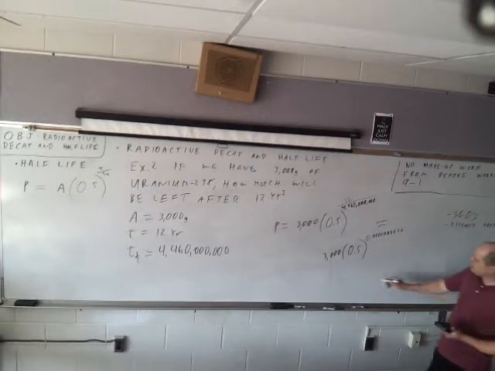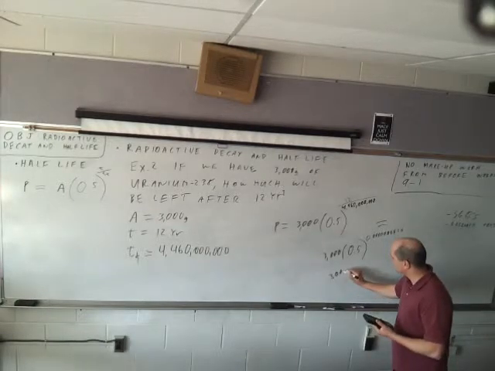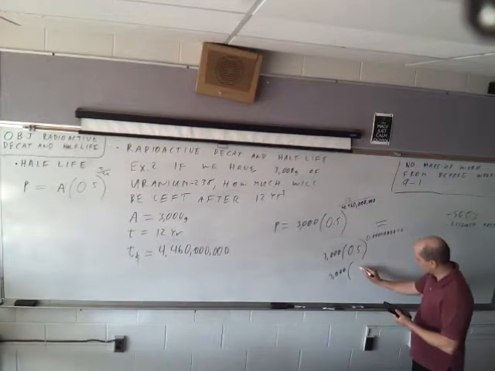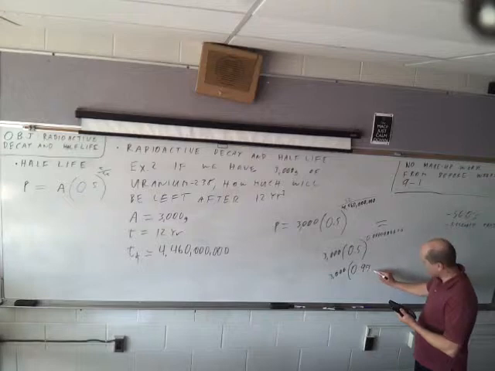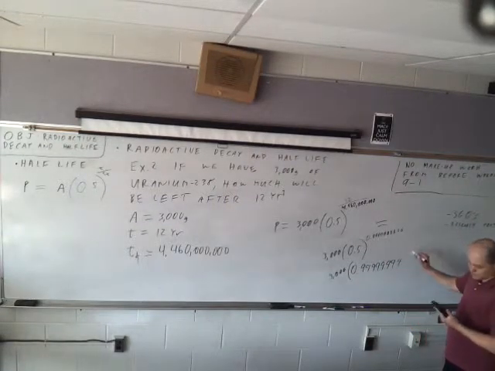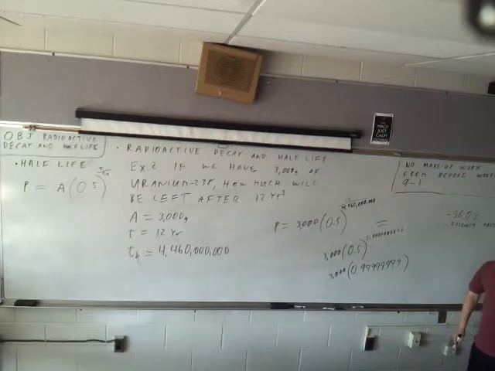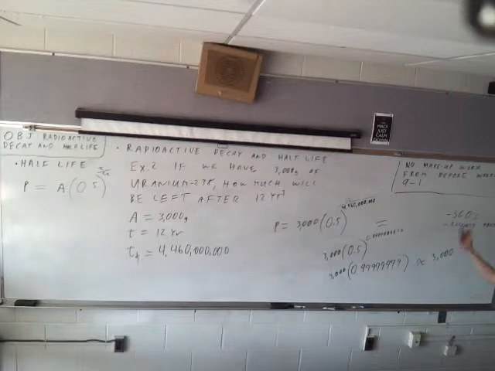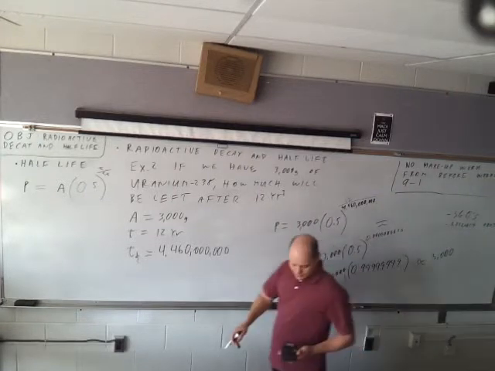So what you get is 3,000 times 0.999999999, and somewhere at the end there's an 8 too. So what's that going to come out to? It's about 3,000. 0.99999 is basically 1. So almost nothing decays in 12 years. If I give you a bigger number, we would get something else.